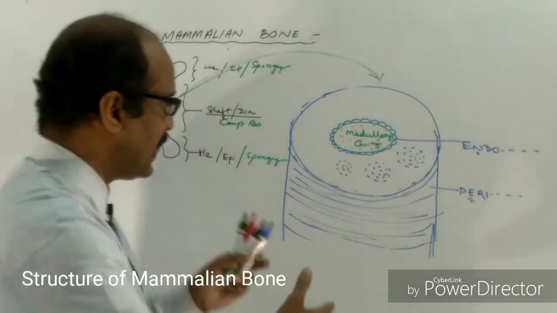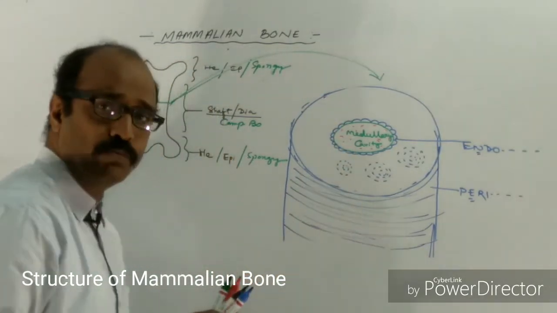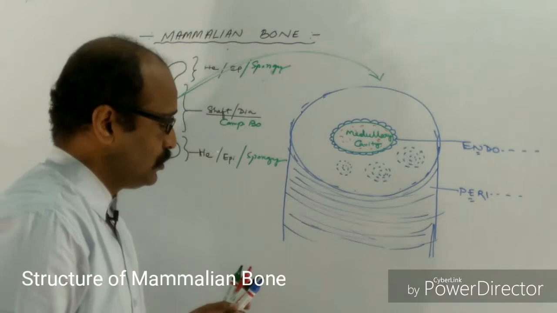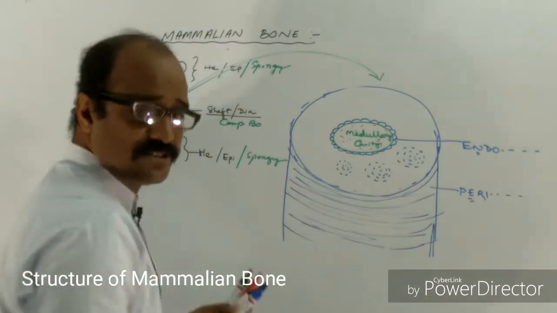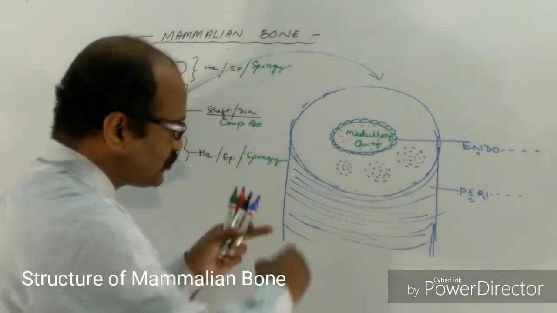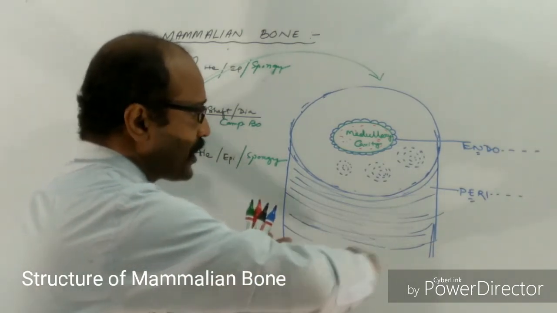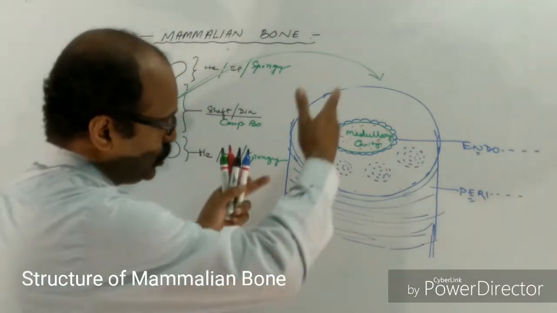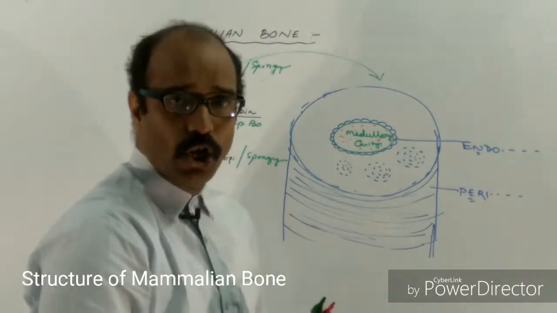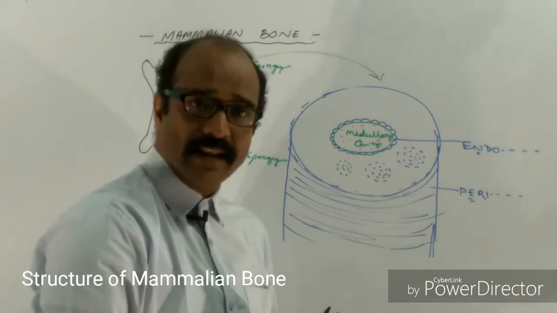Some channels are parallel to the long axis of the long bone, and such channels or canals are known as the Haversian canals. And some canals are oblique or transverse to the long axis of the long bone, and these are known as the Volkmann's canals.